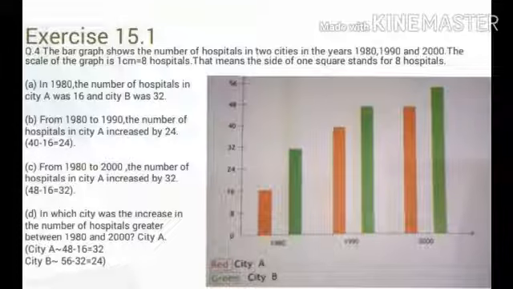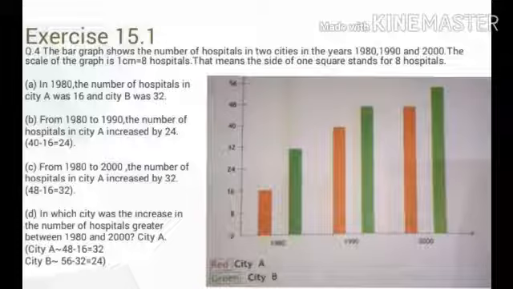So in city A, there are how many? 16 hospitals. So you write there 16, and city B was, let us see in city B in the year 1980, see your bar diagram, it is 32. So you write there 32.